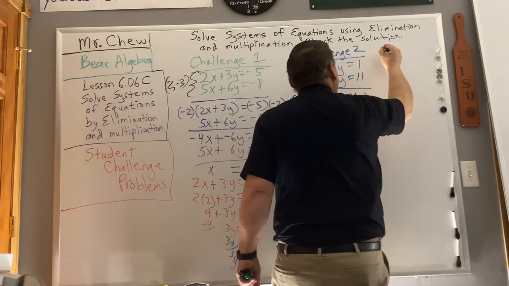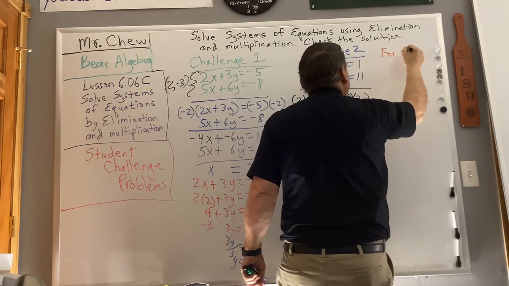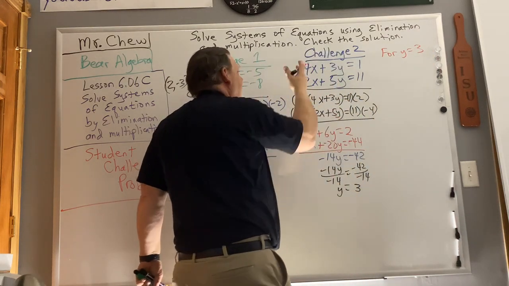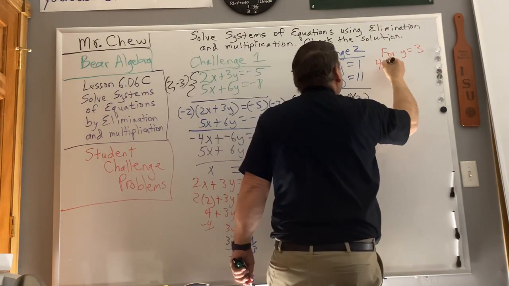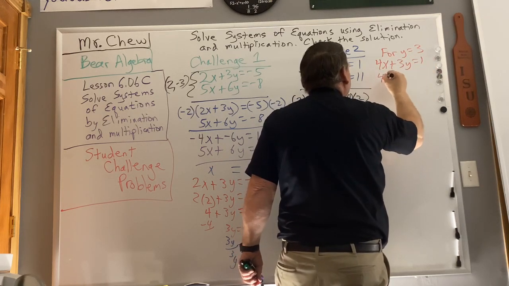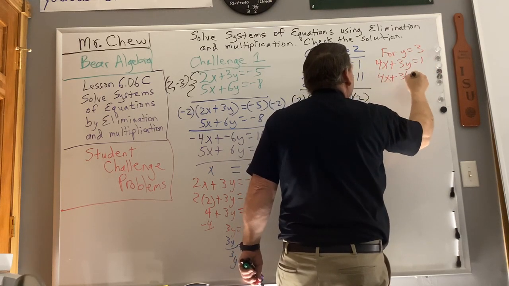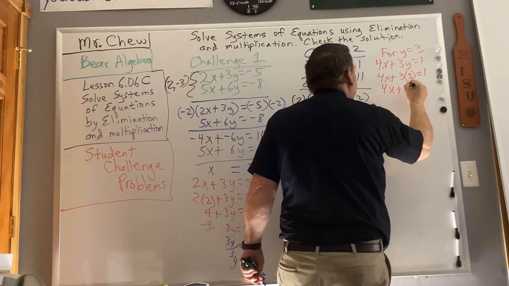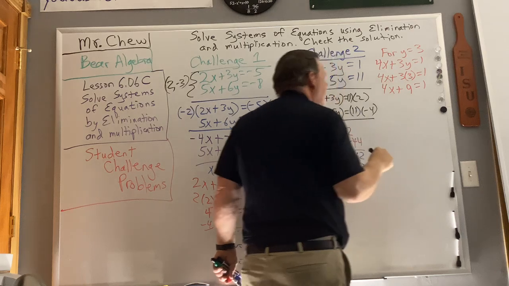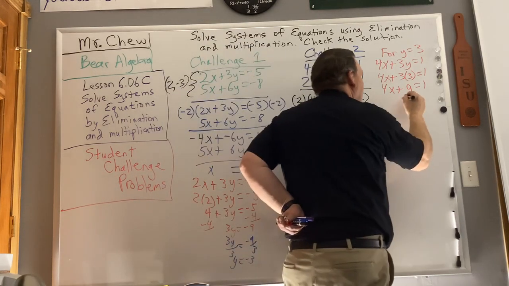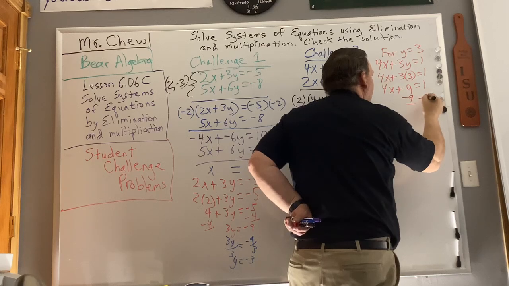So for y equals 3, I'm going to substitute in either one. It doesn't matter. So let's take the top one. Substitute. 3 times 3 is 9. Now I'm going to solve that 4x plus 9 equals 1. I subtract 9.